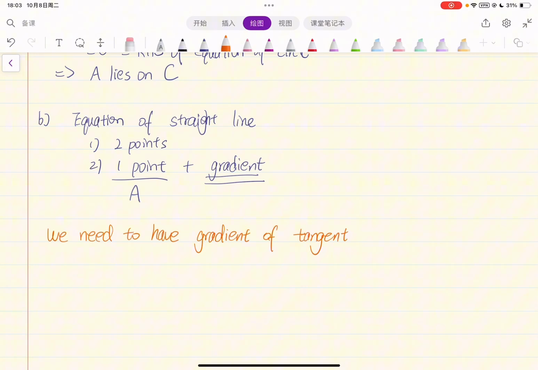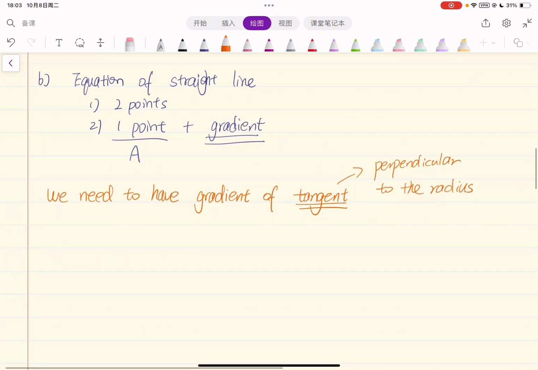You find that the tangent is perpendicular to the radius. So we need to find the gradient of the radius line.